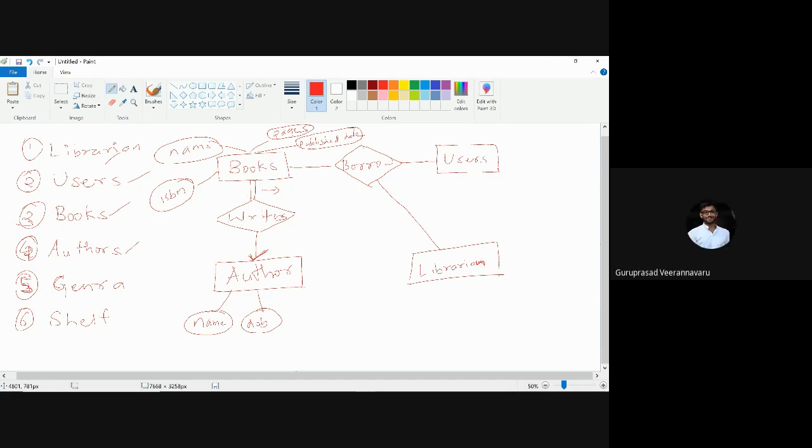So then we can say there should be a person who is always available, who can give us access to take the book.